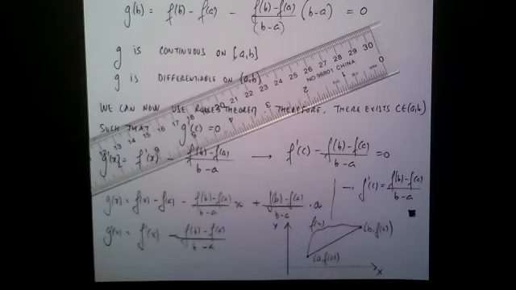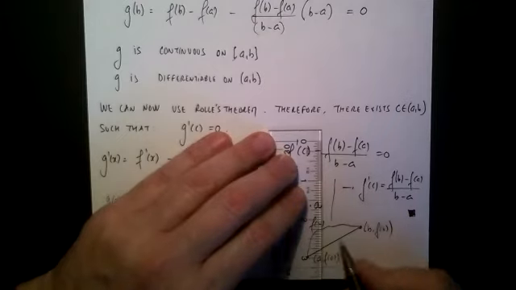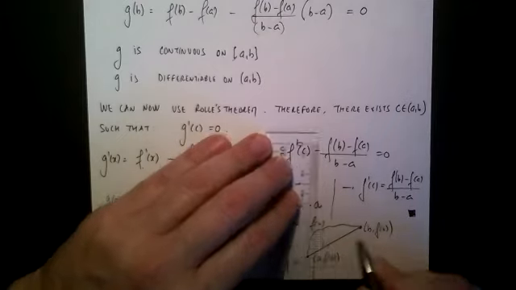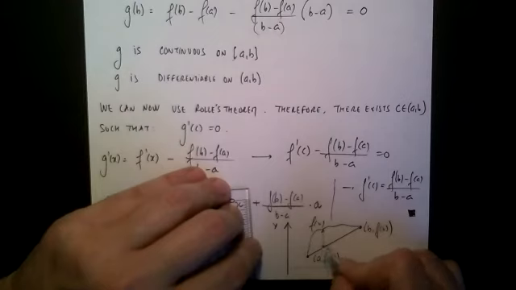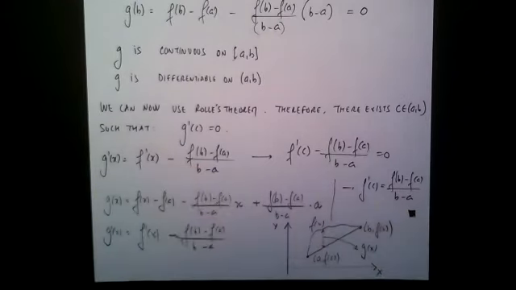So what I'm doing is finding the difference here. G is this function here that gives me the difference. This is g of x. g of x gives me the difference between f of x and this line. Of course at A, f of A is equal to f of A, so it's 0.